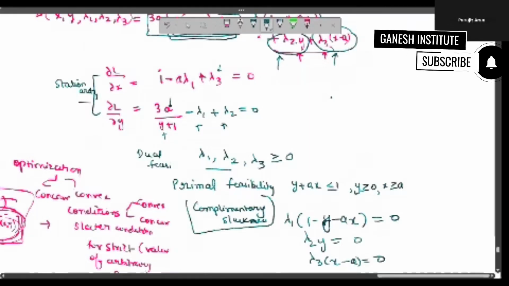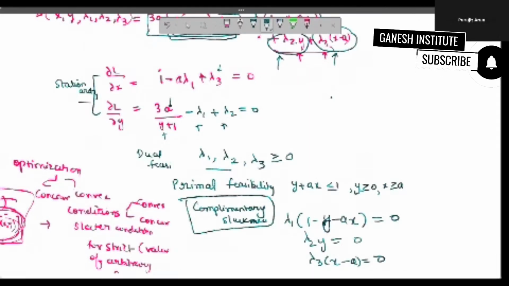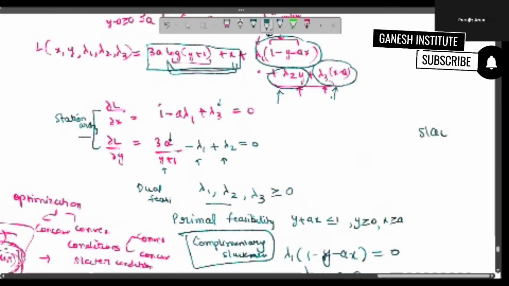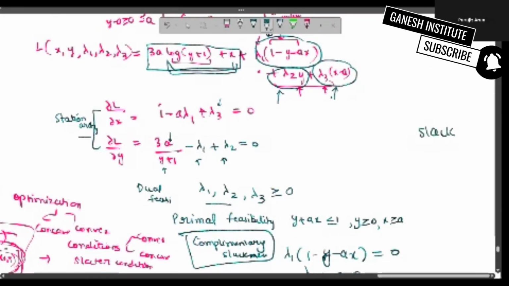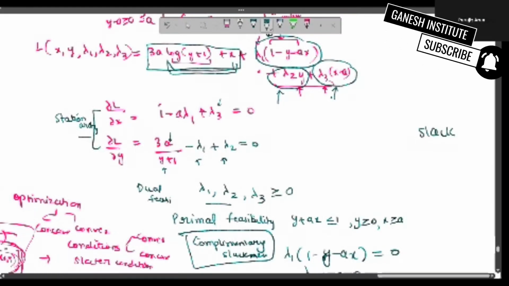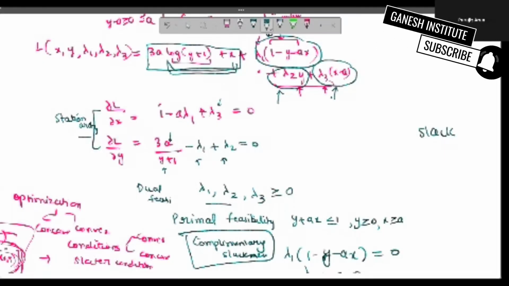So what we talk about, KKT holds complementary slackness, means both equal and relation, positive, greater than or less than, right?